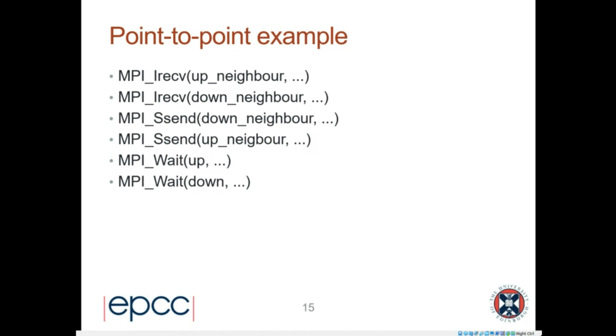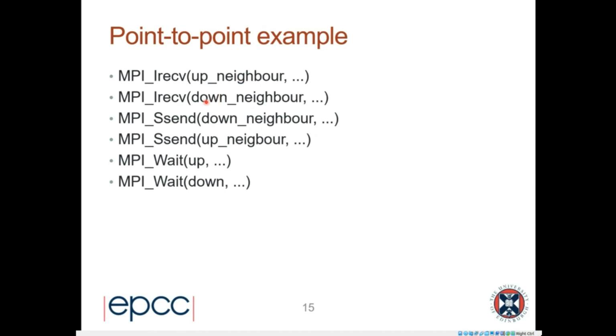Do you think this code works? Does it do the right thing? Does this send to the down neighbor match this receive as it's supposed to? Do people think it does or doesn't work? And in the general case, this code is fine because your up neighbor and your down neighbor are different, and so there's no ambiguity.